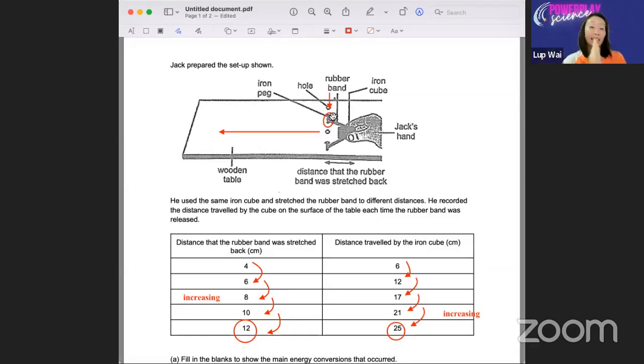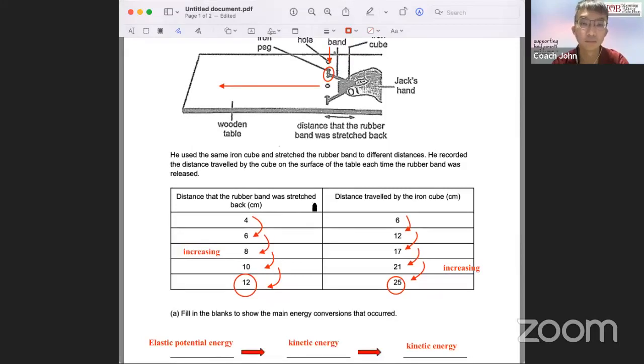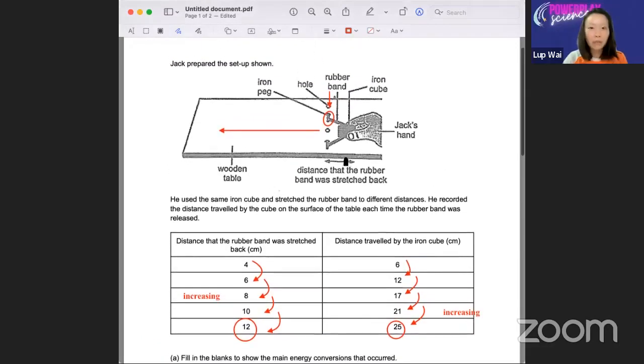As you can see, Coach John mentioned that he may not be up to date with the science syllabus, right? But with the observation, they give you a picture for a reason. Observe what is here that is not mentioned, or observe what you can see here that is unique, that you didn't really realize. Sometimes when it's super tight in time, you just cannot see that hole there.